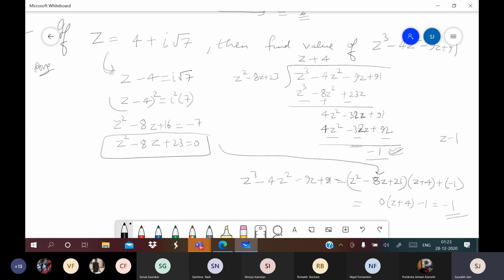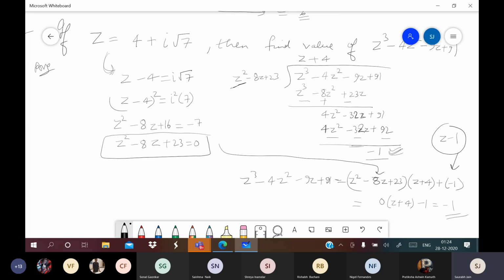If you get z minus 1, then you cannot do the division anymore. Why? Because divisor is of degree 2 and your answer z minus 1 is of degree 1. That means z minus 1 will be remaining, and z minus 1 will be your answer.